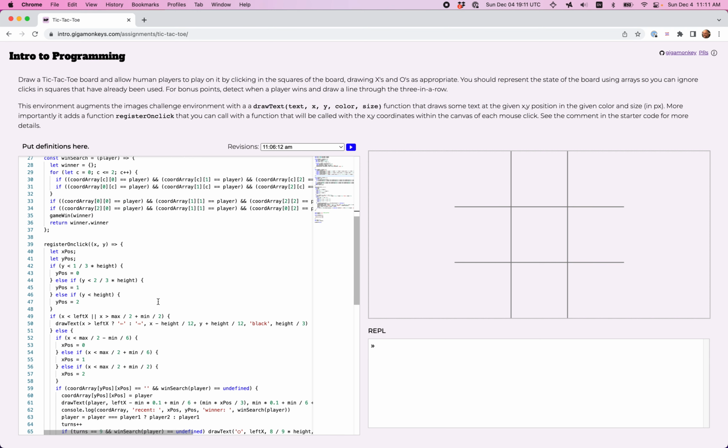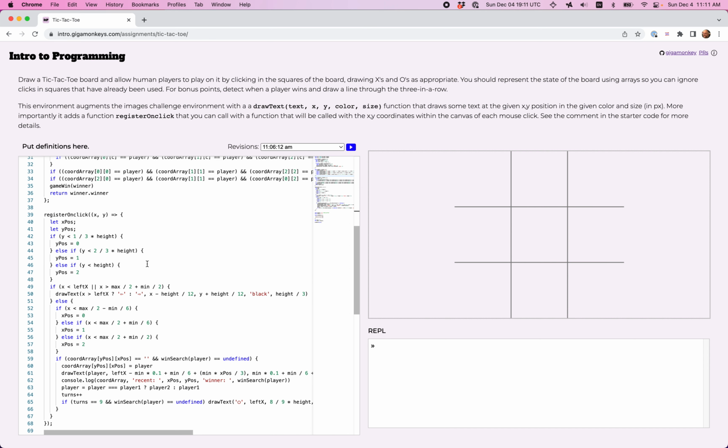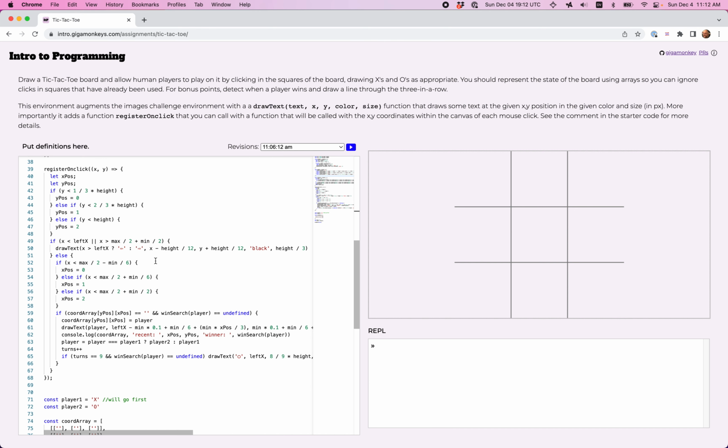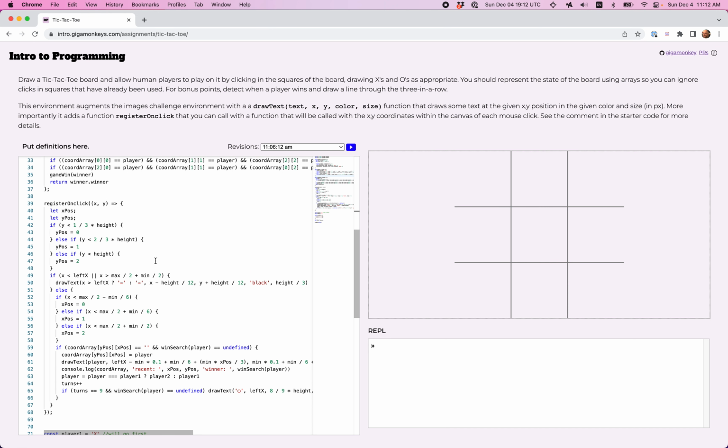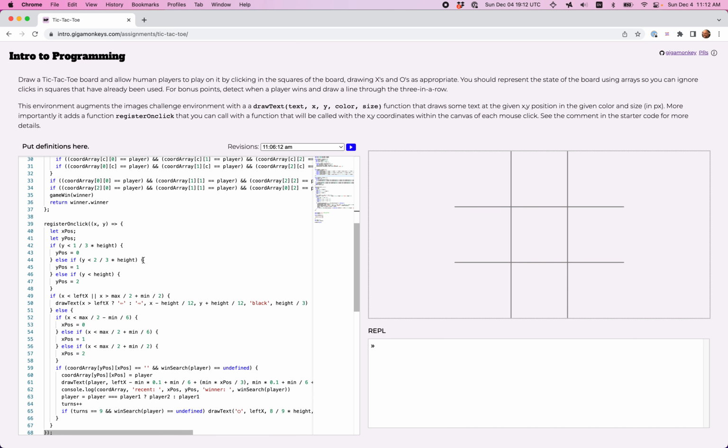And then register on click does a bunch of stuff to figure out what row and column we're in. Anyone of you who's written Tic Tac Toe has tackled this one way or the other. And I would encourage you all to think about when there's such a regular pattern as this.